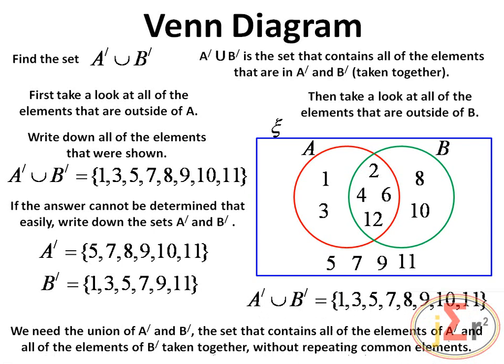And there's our answer. We are going to take them from here. A complement union B complement is equal to 1, 3, 5, 7, 8, 9, 10, 11. That is all of the elements that we have right here without repeating common elements.